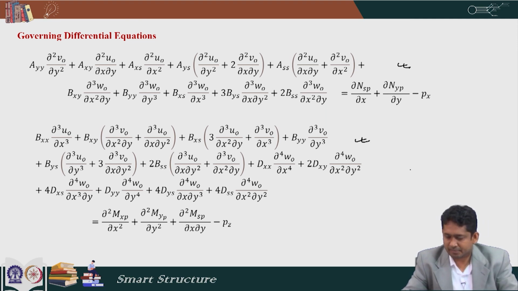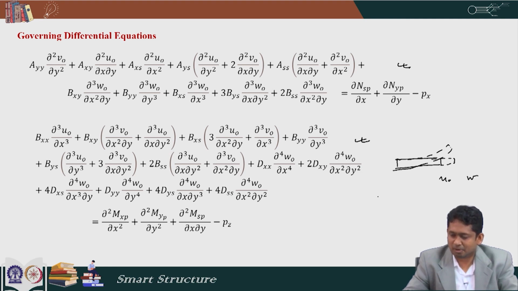Previously for a beam problem there could have been an extension along the x direction and a bending. The pure extension along x we defined as u0, and the vertical displacement due to bending was w. In this problem we have u0, v0 and w, because there can be extension or contraction in both x and y directions, and there is w, the displacement along the z direction.